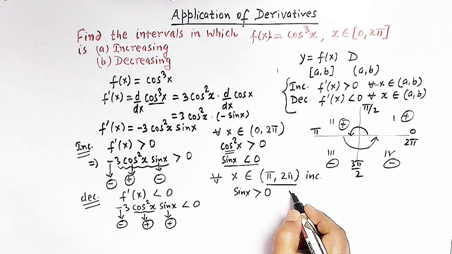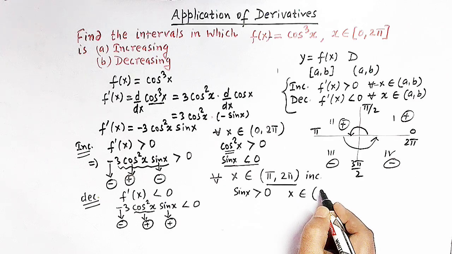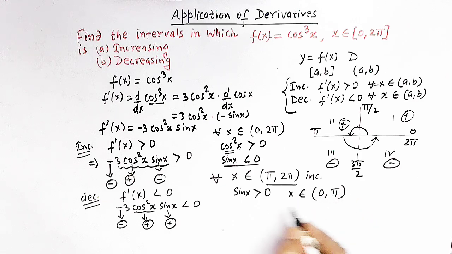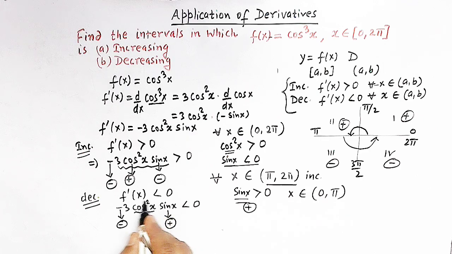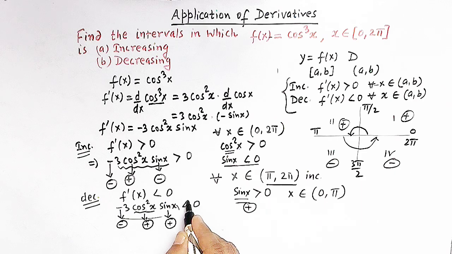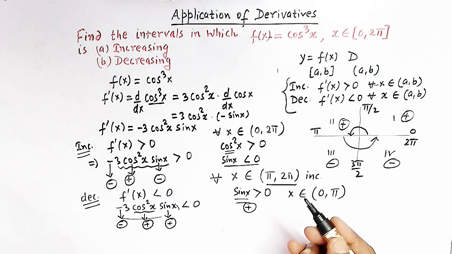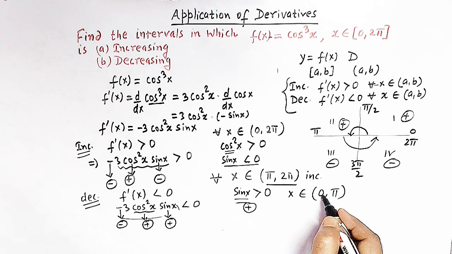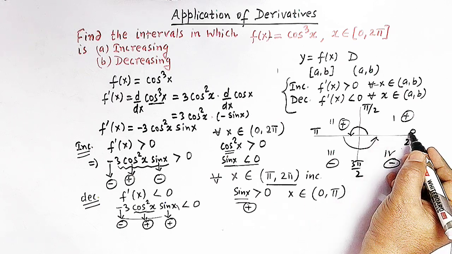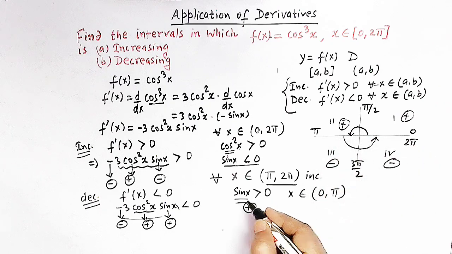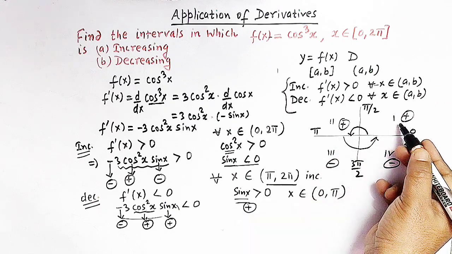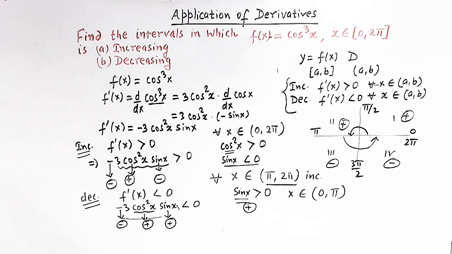So when x belongs to this interval, that is 0 to pi, then sin x is positive. So this entire term minus 3 cos square x sin x is less than 0 when sin x is greater than 0, or sin x is positive, or x belongs to this interval, that is 0 to pi, or x lies in the first quadrant or in the second quadrant.